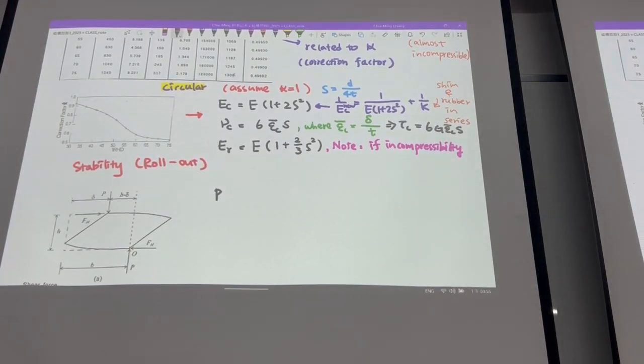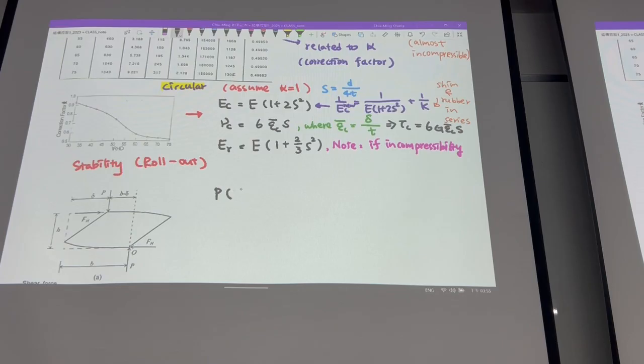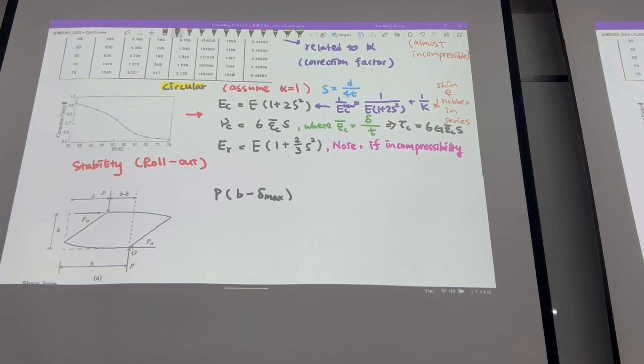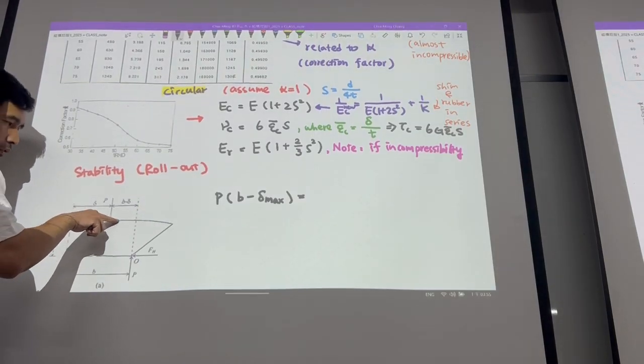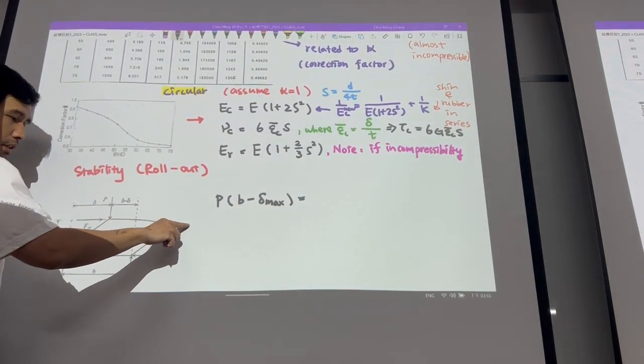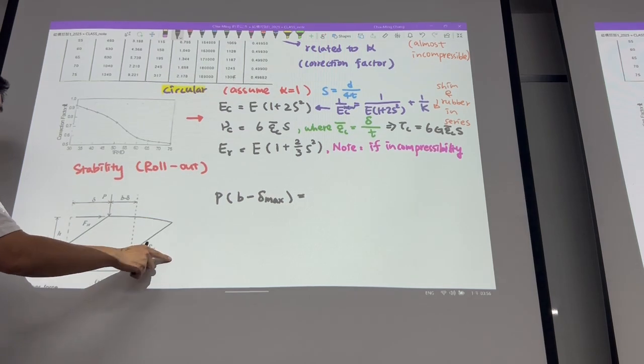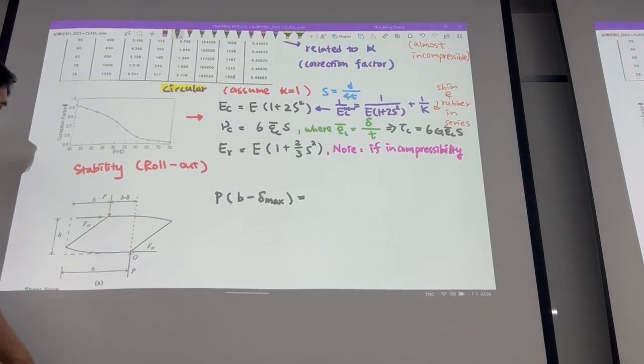So that will be the width minus the delta max. Okay. That will be equal to this guy. You apply the lateral force. That will be doing the clockwise moment about this point.